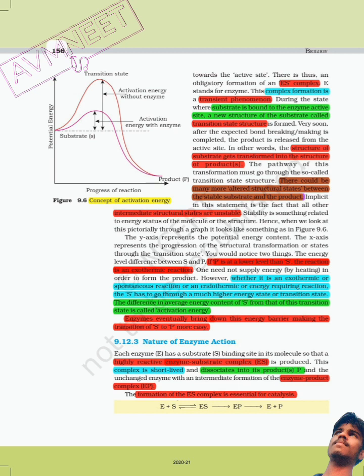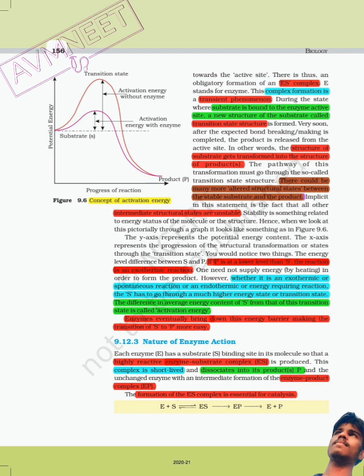During the state where substrate is bound to the enzyme active site, a new structure of the substrate called transition state structure is formed. Very soon after the expected bond breaking or making is completed, the product is released from the active site. In other words, the structure of substrate gets transformed into the structure of product.